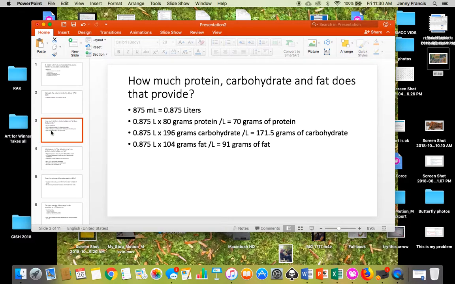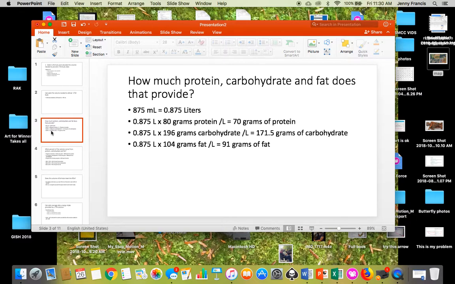Moving on. The next thing you need to figure out is how much carbohydrate, protein, and fat does that provide. It's important that you know that 875 milliliters is the same as 0.875 liters.